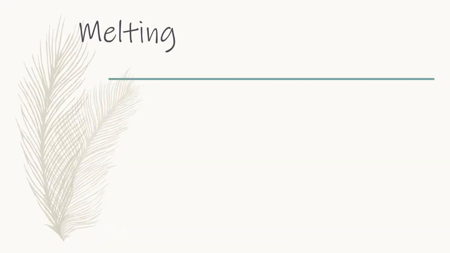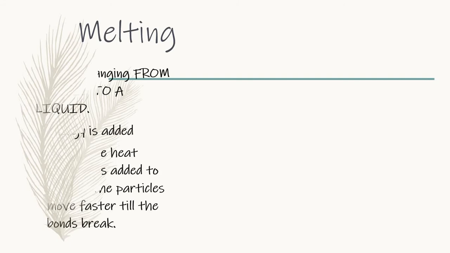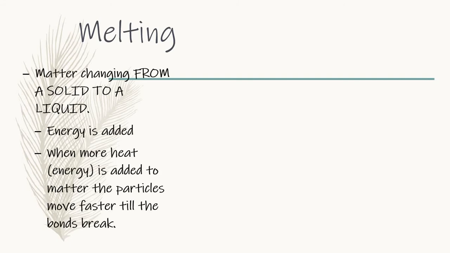We have melting. Melting is matter changing from a solid to a liquid. Energy is added, and when more heat or energy is added to matter, the particles move faster until the bonds break.